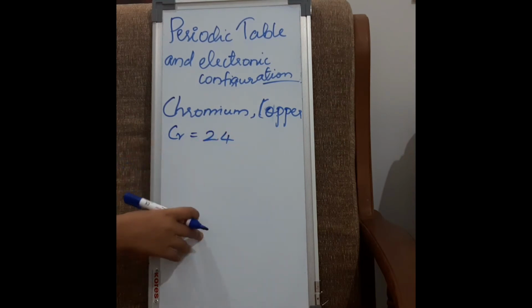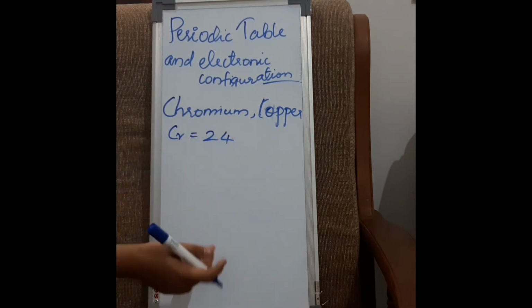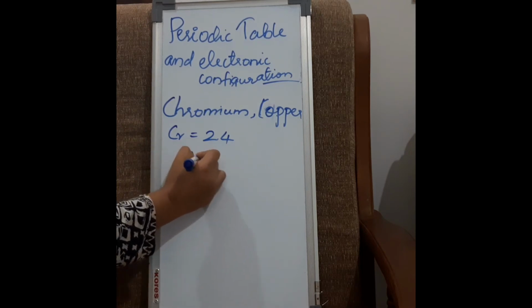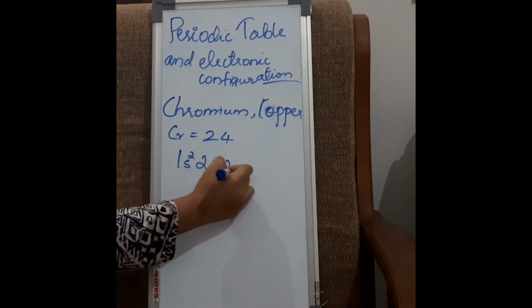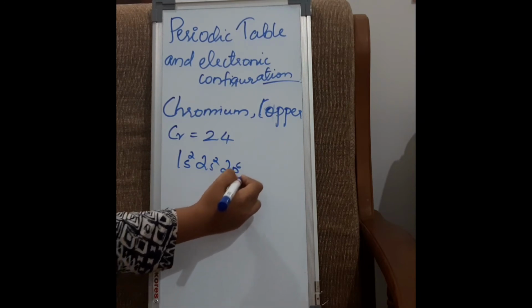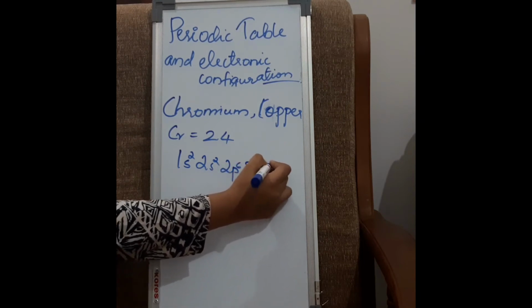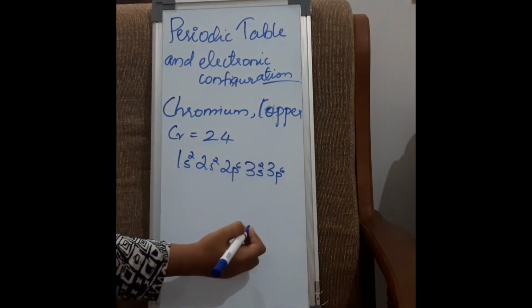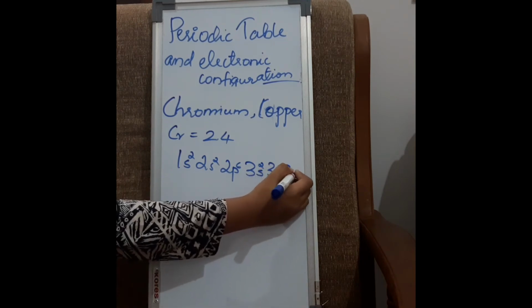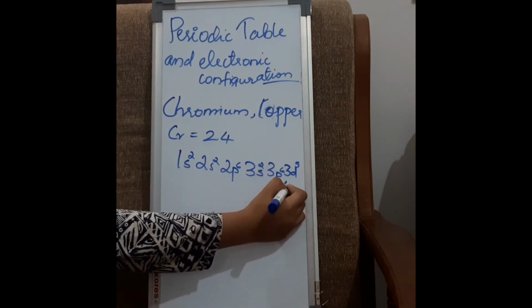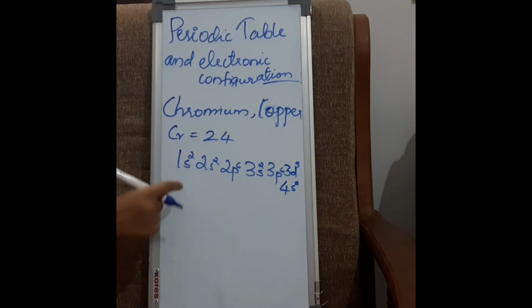In normal, how would we write the electronic configuration? 1s2, 2s2, 2p6, 3s2, 3p6, 3d5 and 4s2. This is how we write it.